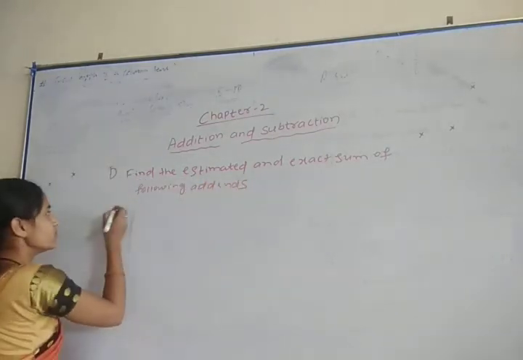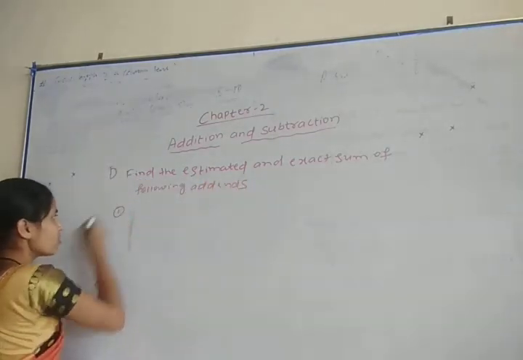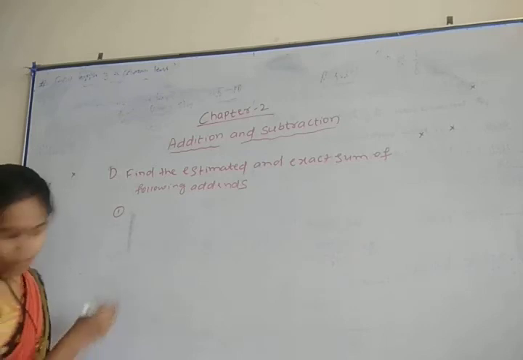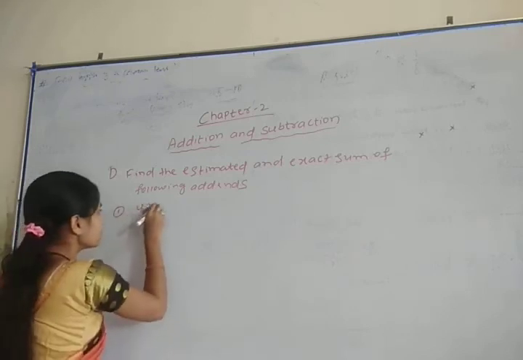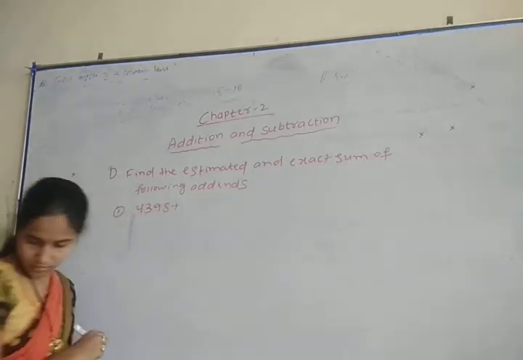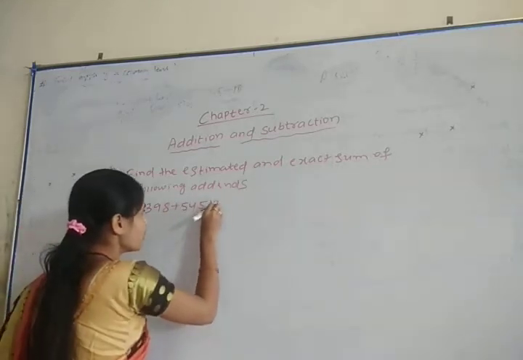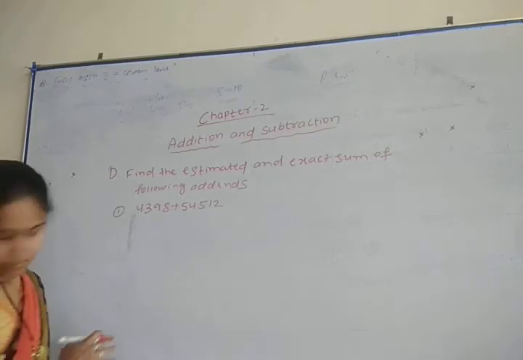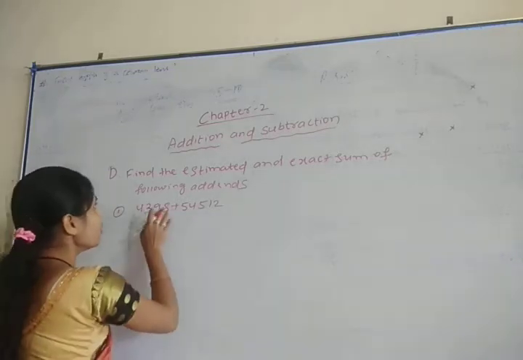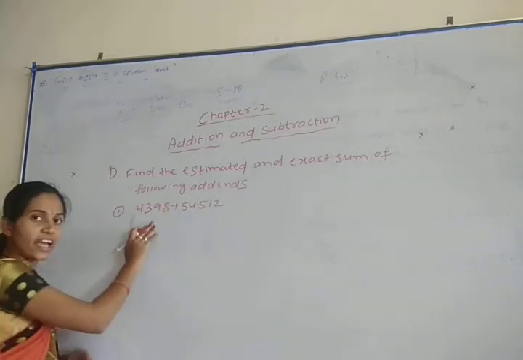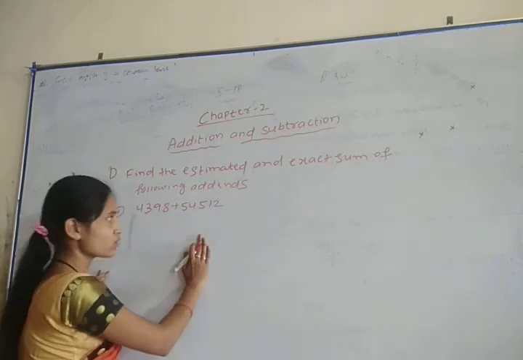Okay, in that the first one is 4398 plus 54512. Here we should find the estimated and exact sum of these two numbers.